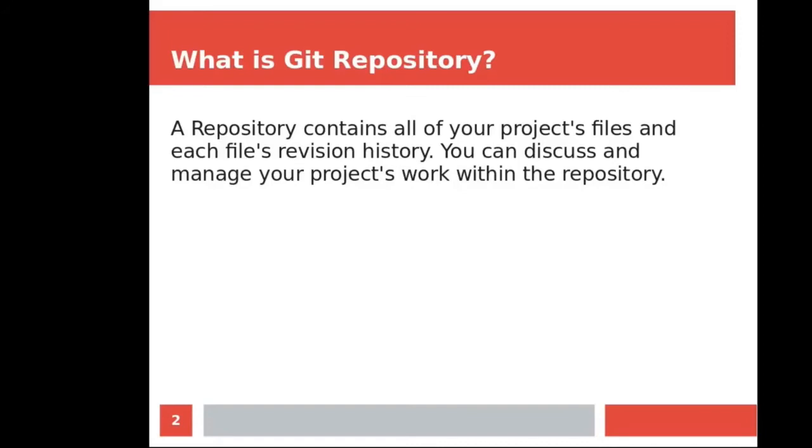It is where you can discuss and manage your project's work. So take it in a simple way. A repository is nothing but a clone of your project that you will have on Git and GitHub.